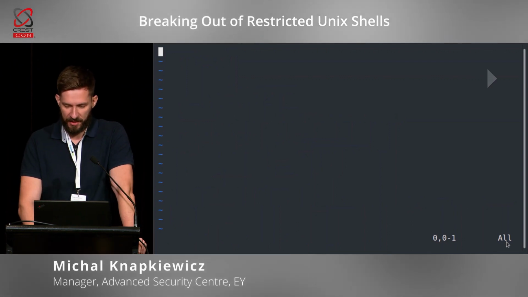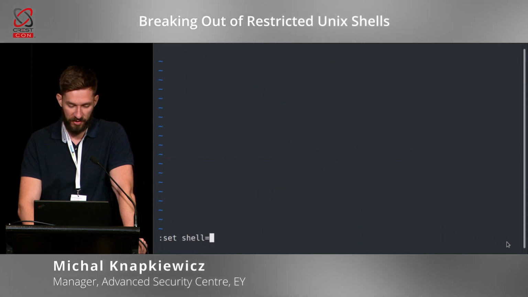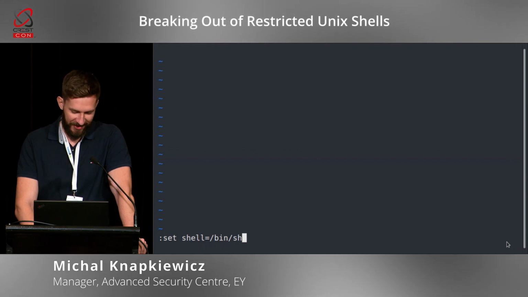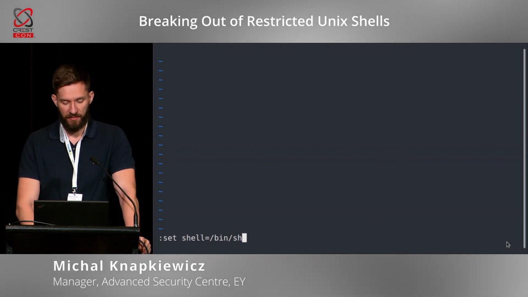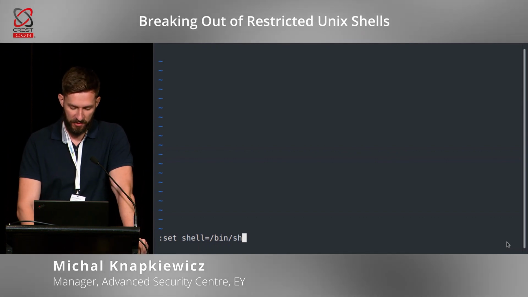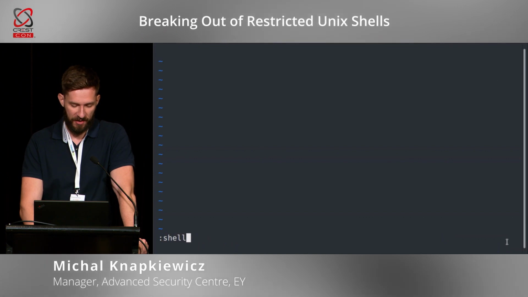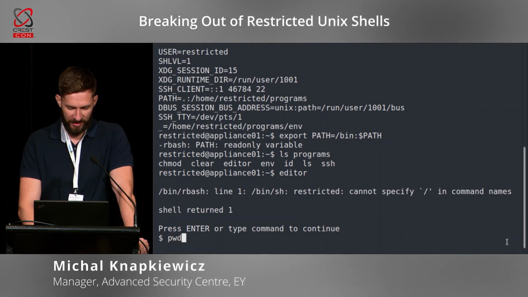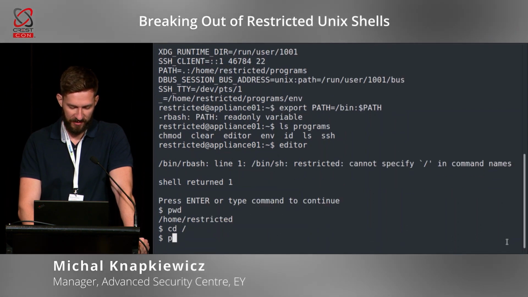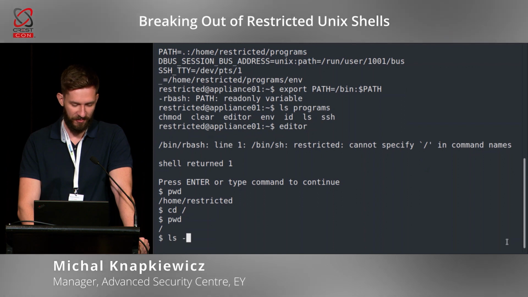But there's one quick trick we can do. With Vim, we can set the default shell to something else. If we go :set shell=/bin/sh, it will modify the working shell of Vim from rbash, which is the default at the moment, to /bin/sh. And then if you simply go :shell, it will launch it. So now let's see what happens. cd /, we can actually change the working directory.